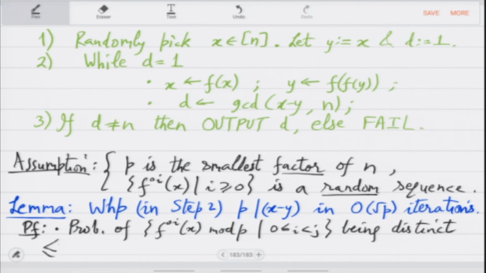There is an upper bound on this probability, because the residues you can get are 0, 1, 2, dot dot, p minus 1.